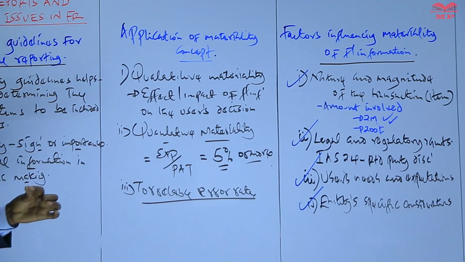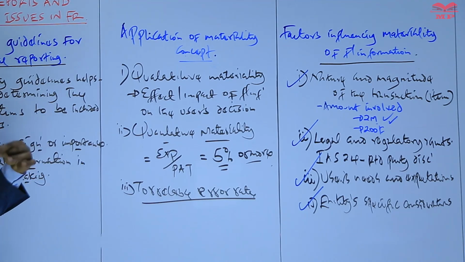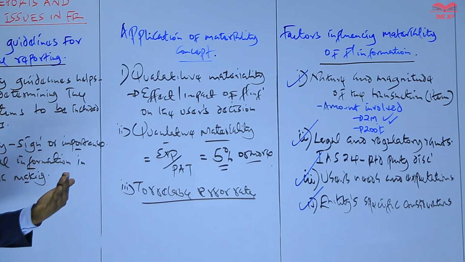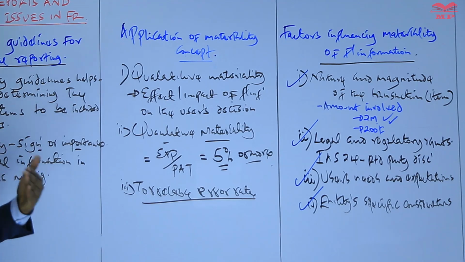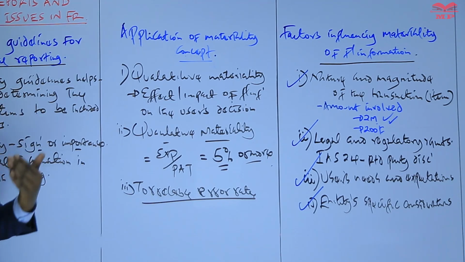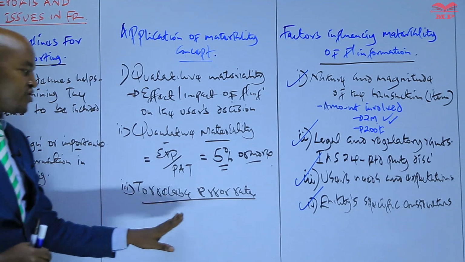So here an item will be deemed to be material if the margin of error exceeds or is outside the tolerable error. But if the error which was made is within the acceptable error rate, then we can say it is not material.